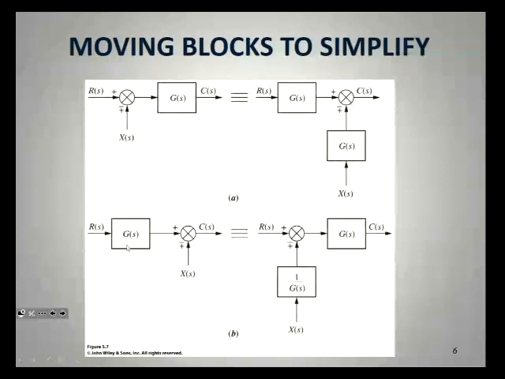And if you're doing the other way around, moving one from the left to the right, like they've done here, it just moves across to that point, but you have to divide the feedback point by the same transfer function, because obviously it's just multiplying the R part, it's not multiplying the X part. So if you moved it here, you're going to have to get rid of it on the X part. Okay. These are just little rules that you just need to remember.